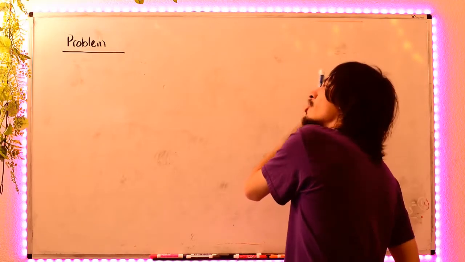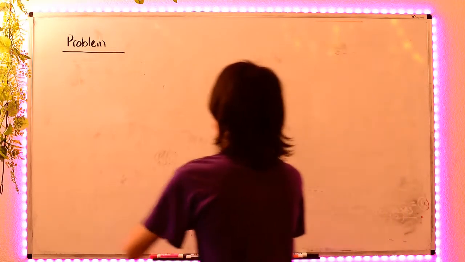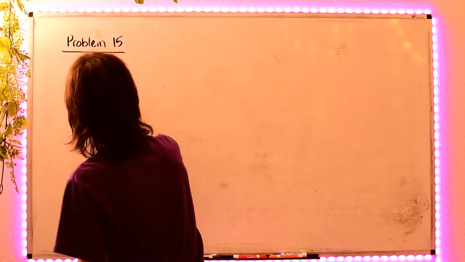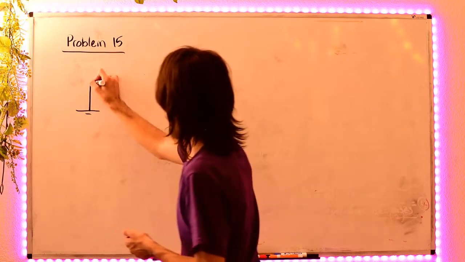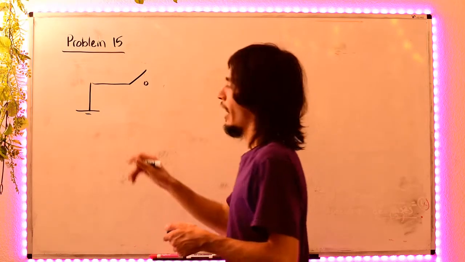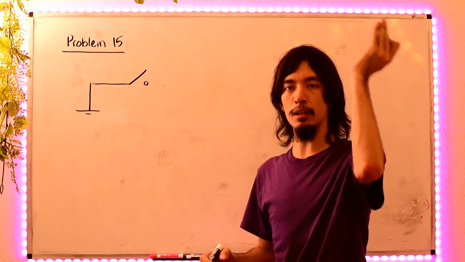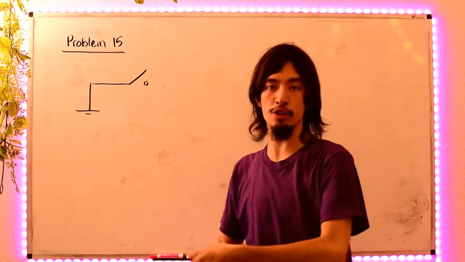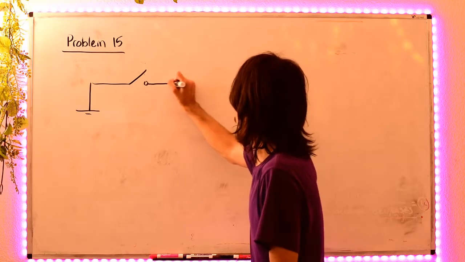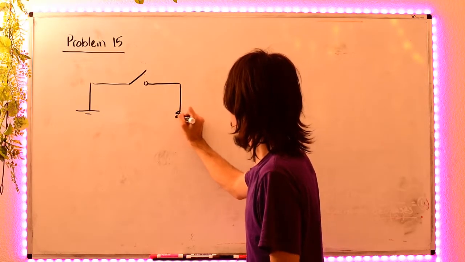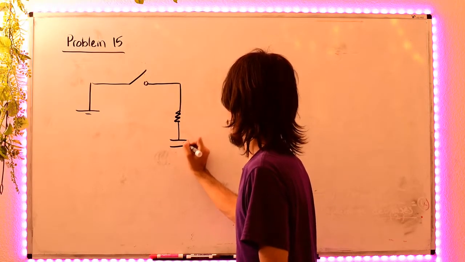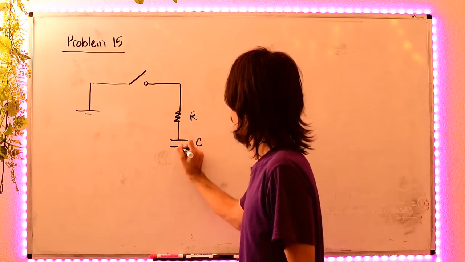Okay, so problem 15 has a very simple RC circuit with a battery, a switch which only has the purpose of being closed and hence beginning the charging process. Other than that, you just have the resistor and the capacitor, so hence RC.